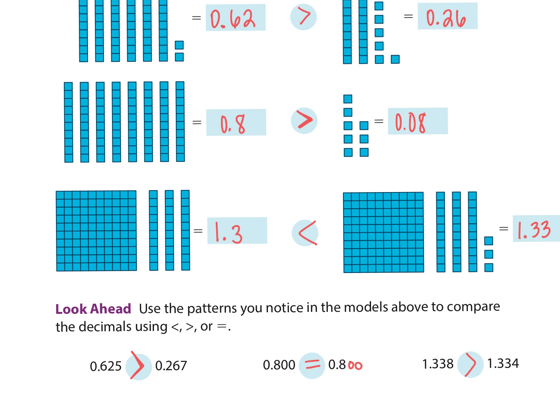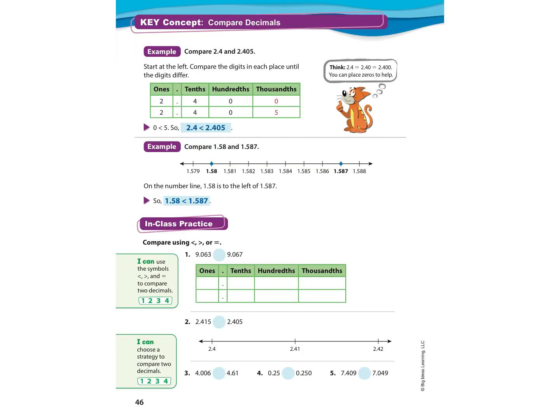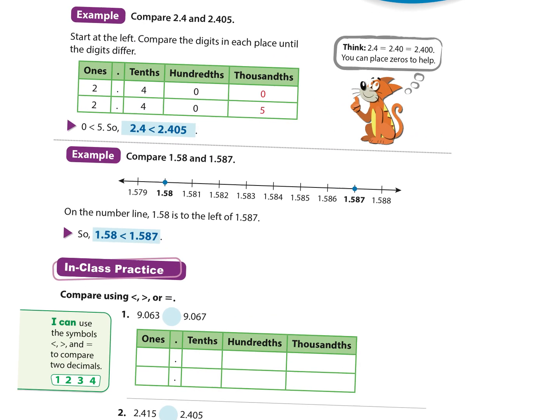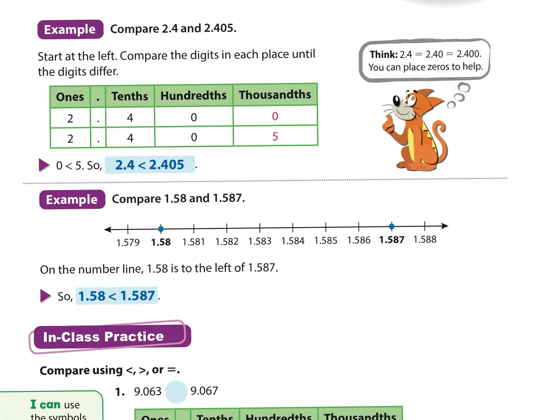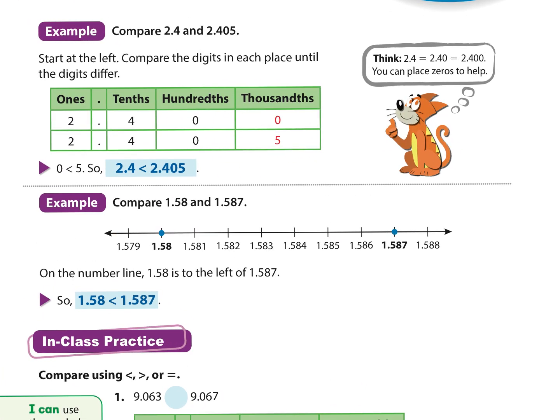Okay. So let's turn to the first page and let's look at example 1. Okay, we have this completed example up here, so you have everything done for you. You're given a place value chart. Are you starting to get used to these place value charts? I hope so. We've seen them a lot.